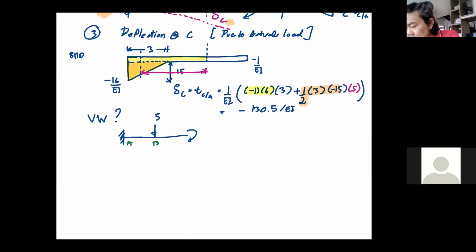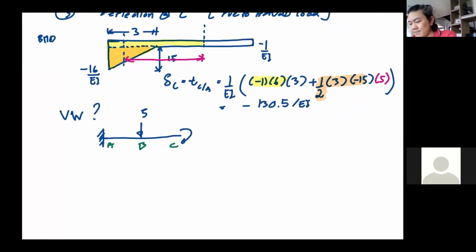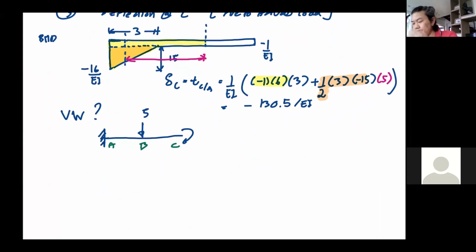So A, B, and C here, that would be easier to, again, try to write our moment equation from the open end. So the big M, oh, sorry.